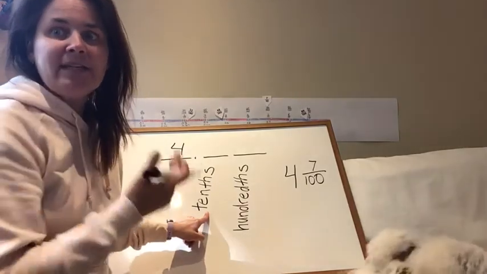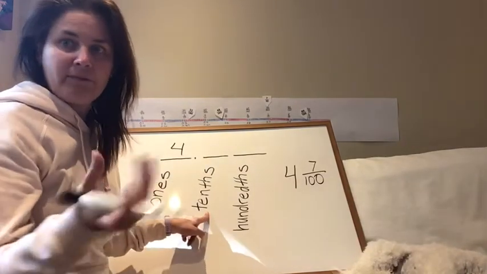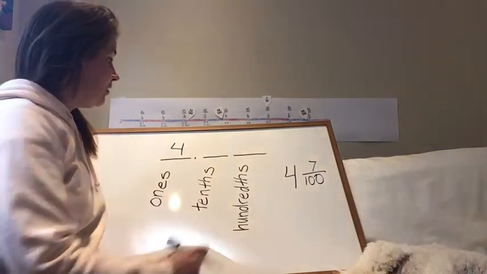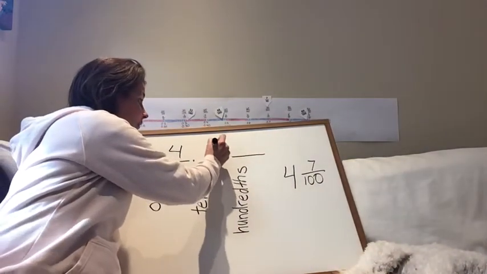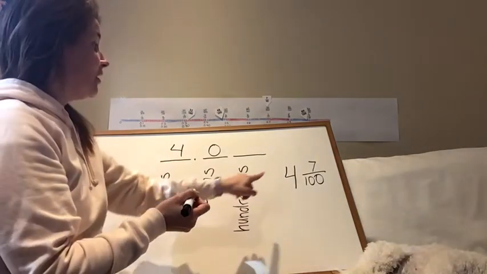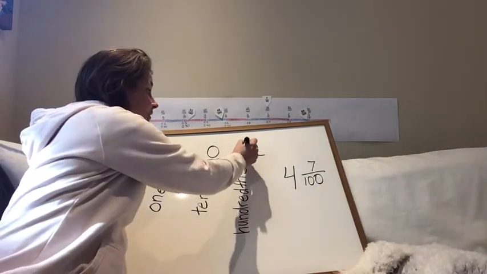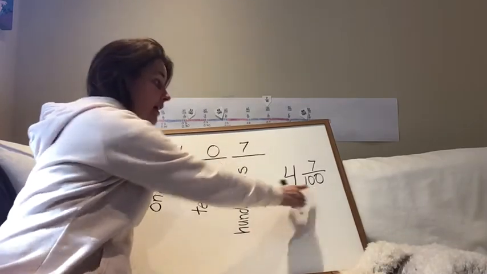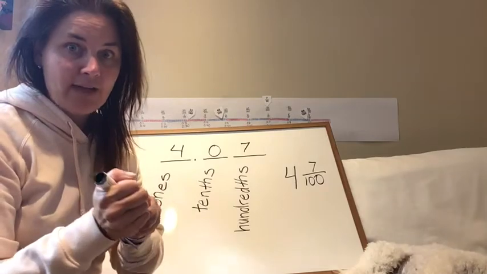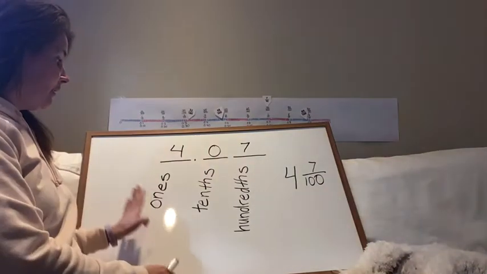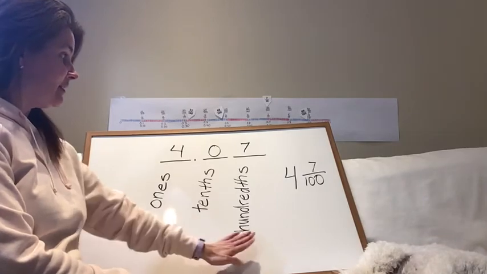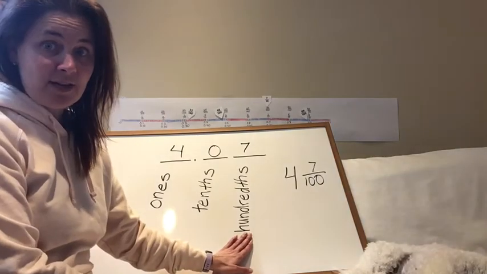It's like you don't have any dimes in your collection of change. You only have pennies. So here you would have a 0. And over hundredths, you would have 7. Because see, there's 7 hundredths. So I can't believe I almost forgot to remind you of that. Phew. 4 ones, 0 tenths, and 7 hundredths.